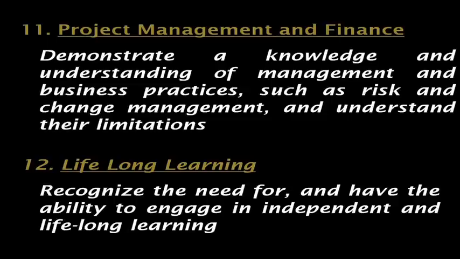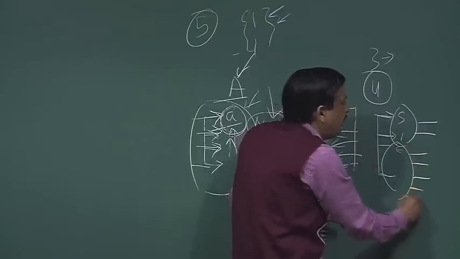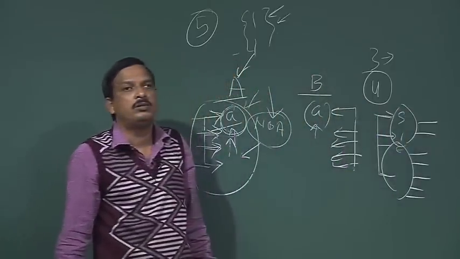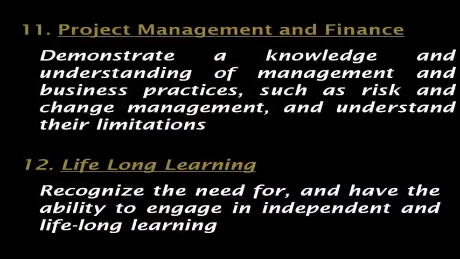Demonstrate knowledge and understanding of management and business practices such as risk and change management and understand their limitations. So, a graduate engineer not only knows the domain dependent knowledge, but also has to demonstrate the domain independent knowledge. Last parameter is lifelong learning, which is a very important and essential parameter for today.